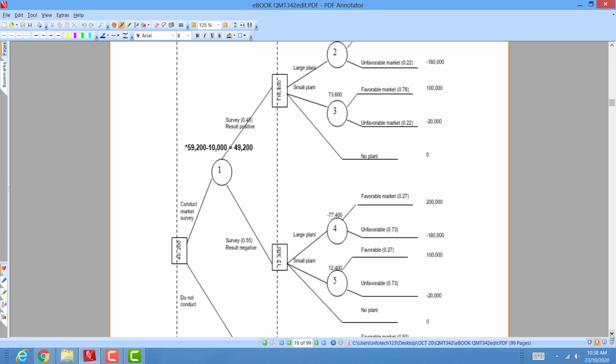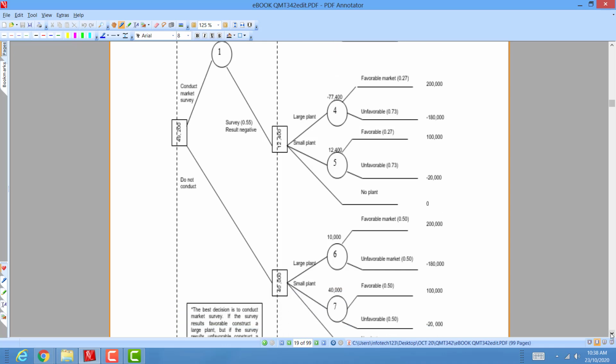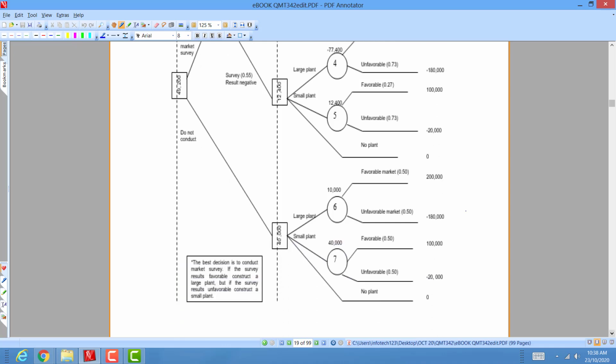Originally, the first figure, if you look here, this is the original version. So we have the decision or option or alternative of constructing a large plant, a small plant, or do nothing. This is the original do nothing. And we have also calculated the EMV value.